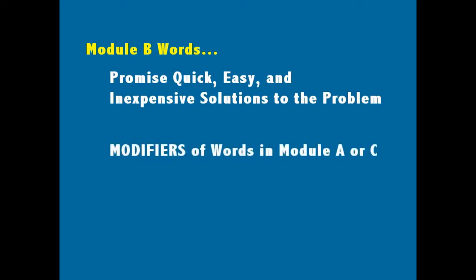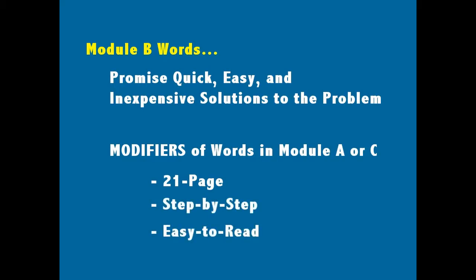These words tell the customer how quick and easy and inexpensive the solution to their problem is going to be. That's what they want to hear. These words are modifiers. They can modify the words in Module A or Module C. 21-page, step-by-step, and easy to read would probably modify the words in Module C.